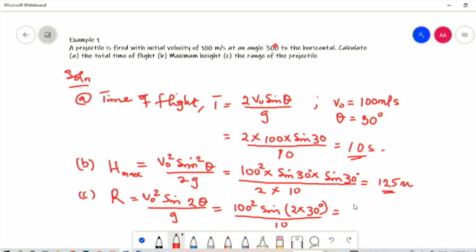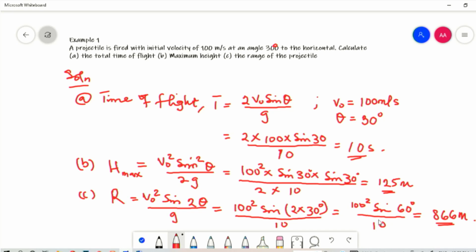So that gives us 100 square sine 60 degree over 10. Carrying out that substitution, and you have 866 meters.